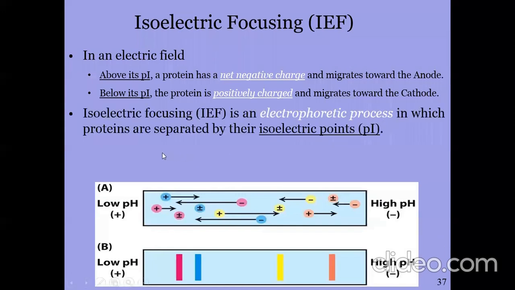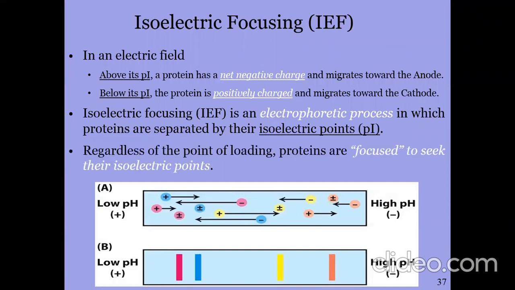Isoelectric focusing is an electrophoretic process in which proteins are separated based on their isoelectric points. Whether they are different proteins or different molecules, if an electrophoretic process is applied to separate these species based on their isoelectric points, the process is called isoelectric focusing.